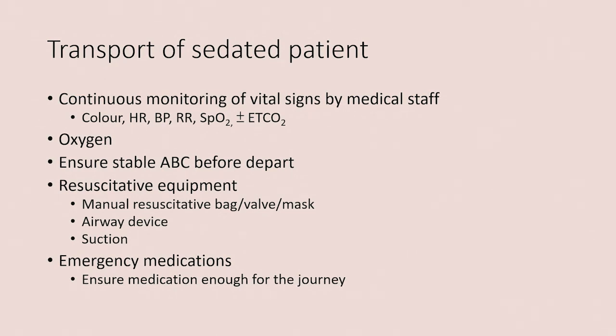Resuscitation equipment to bring along would include at least a manual resuscitation bag, valve or mask, airway device, suction, oxygen, and medications. Most departments would have a checklist of transport equipment before departing. And colleagues experienced with sedation management and emergency life support should escort the child should anything occur during transport.